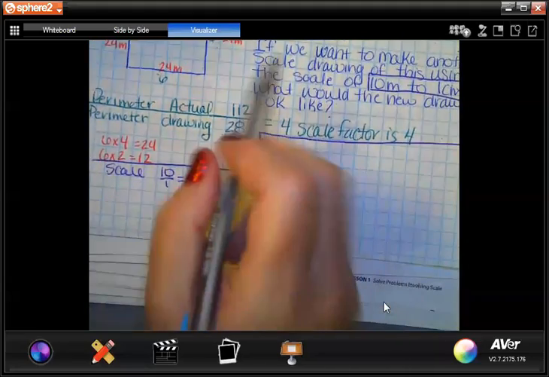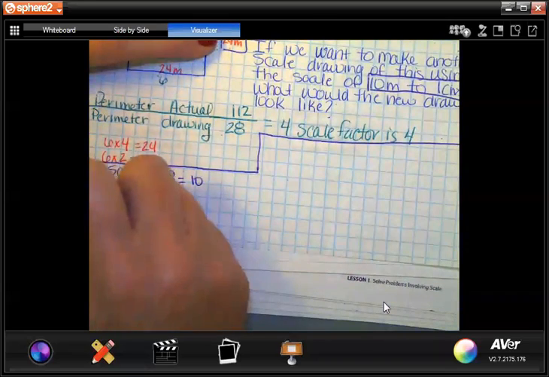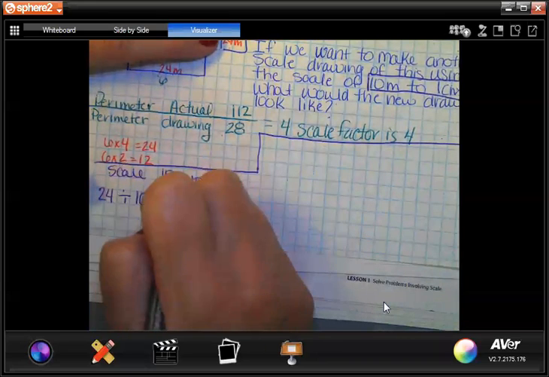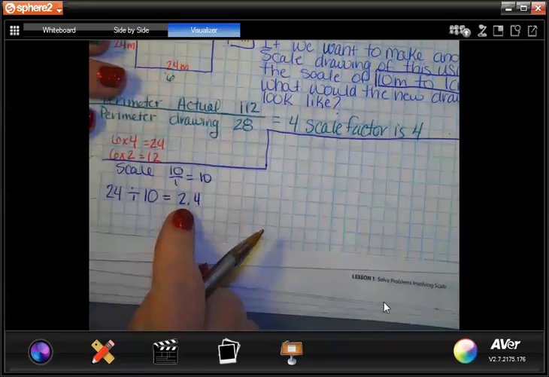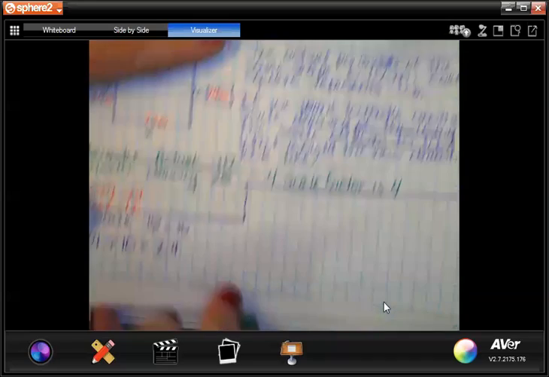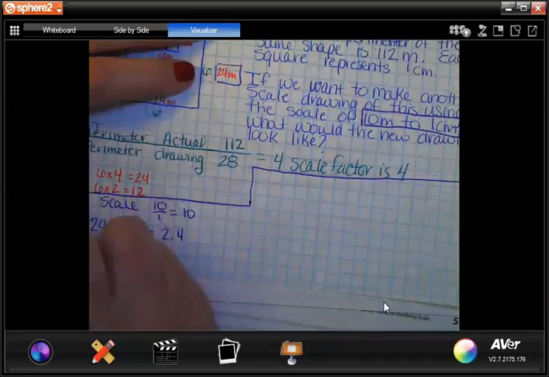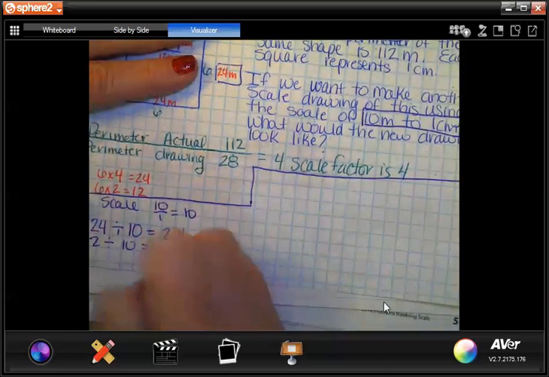So I'm going to take the actual side, 24, and divide it by 10 and know that my new scale drawing is going to have a side length on this side of 2 4/10. And then 2 divided by 10 comes out to be 2/10.